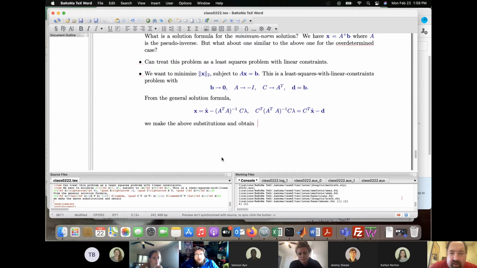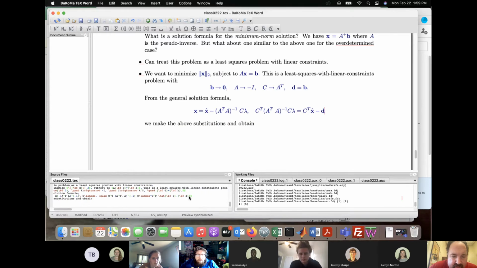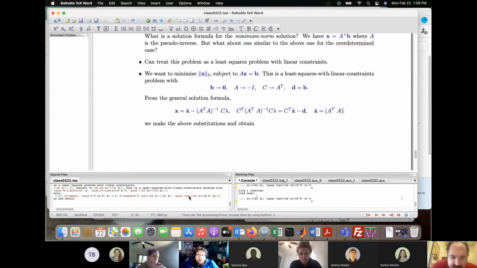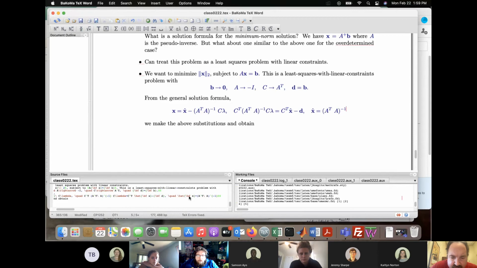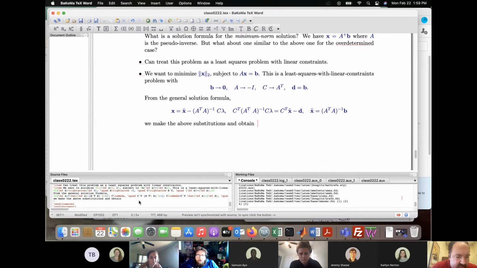Now, I should mention x hat. That's A transpose A inverse B. Now, B, however, becomes 0, so x hat is 0.